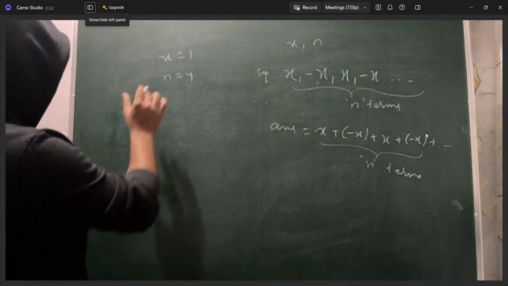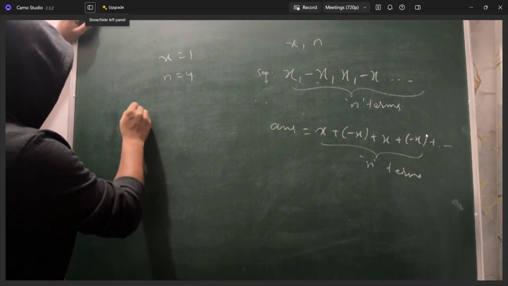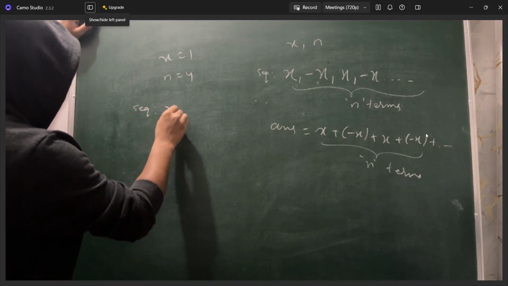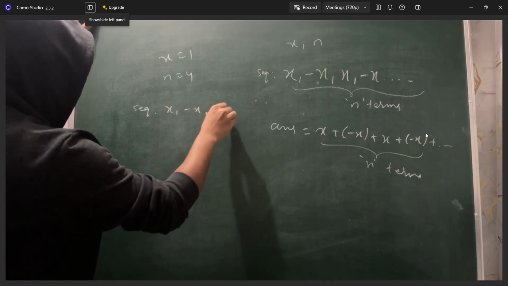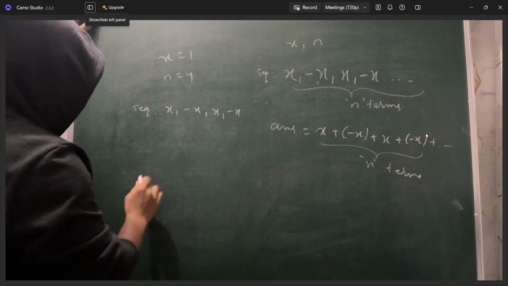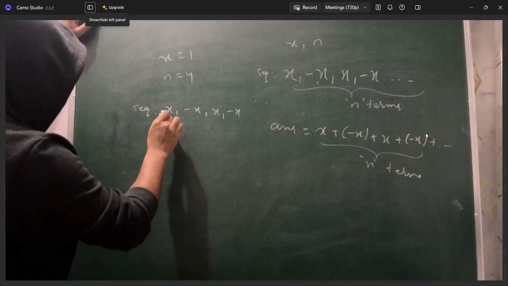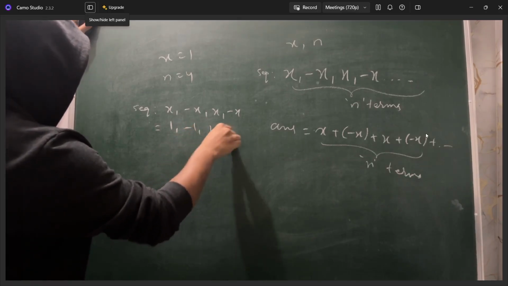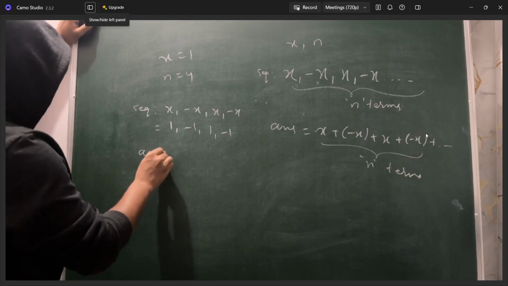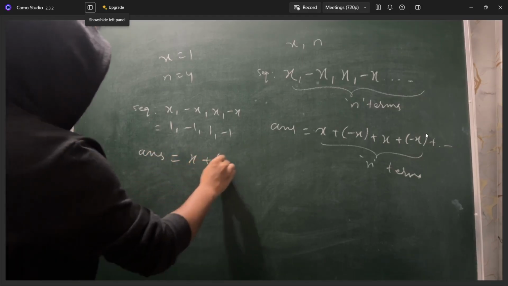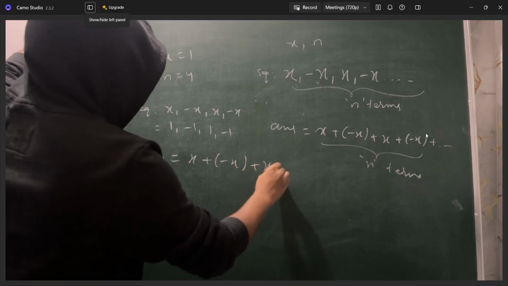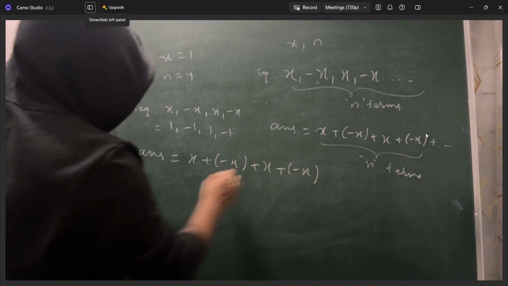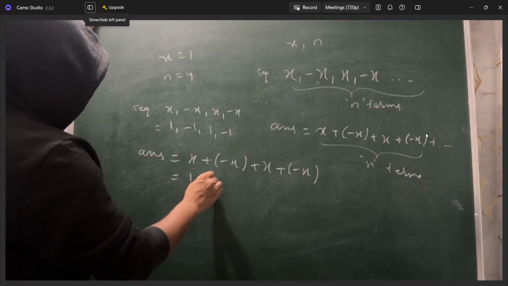Whenever n is 4, which means it is an even number, your sequence will be x, minus x, x and minus x. So you have 4 terms. Now since x is 1, try to substitute. Your answer is going to be x plus minus x plus x plus minus x.